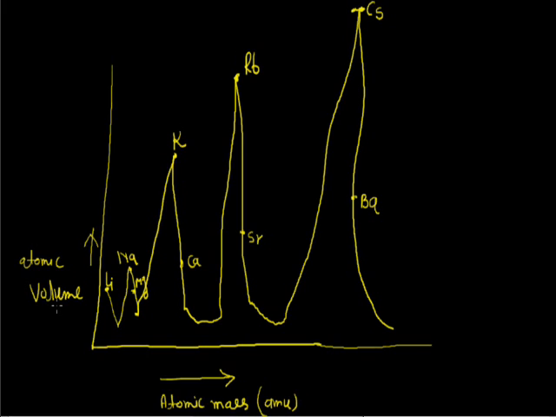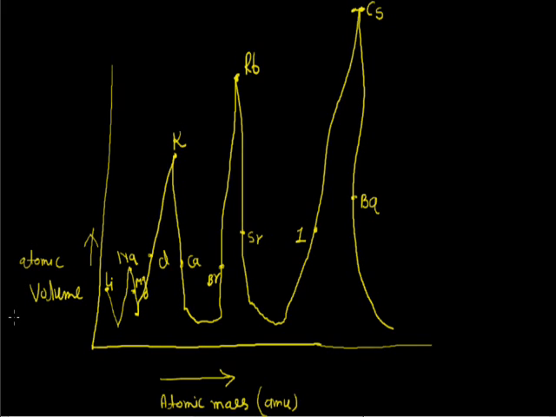And the third is the halogens, that is fluorine, chlorine, bromine, iodine, which occupy positions on the ascending portion of the curve before inert gases. So the position of halogens in the curve is here: chlorine, bromine, the iodine.